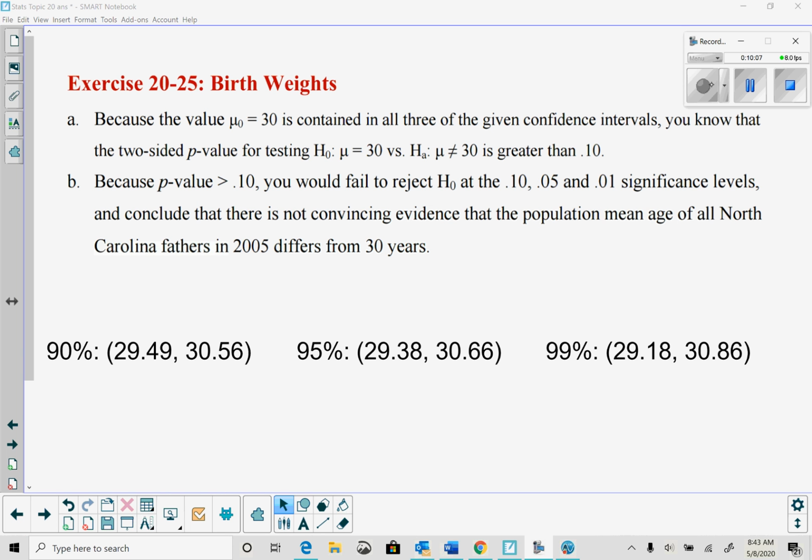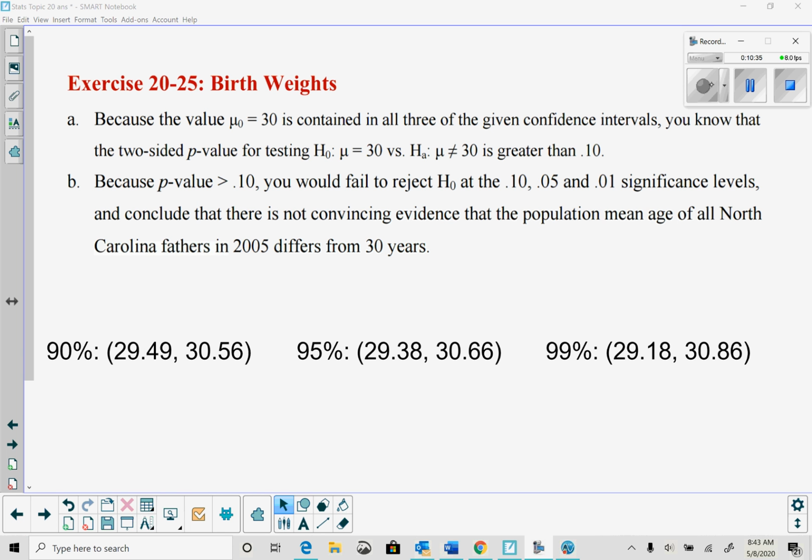A 95% confidence interval, again, higher confidence, we need a wider range of values. So that spreads out a little bit to 29.38 to 30.66. And a 99% confidence interval from 29.18 to 30.86. Okay, so again, all of that information was given to you.